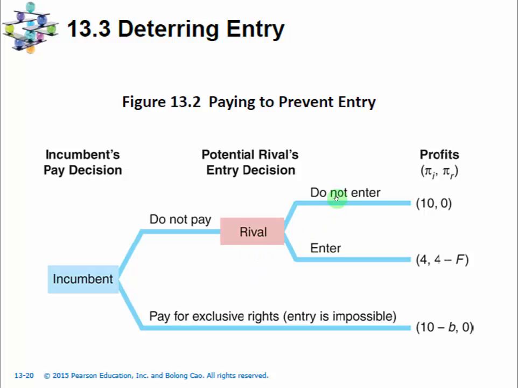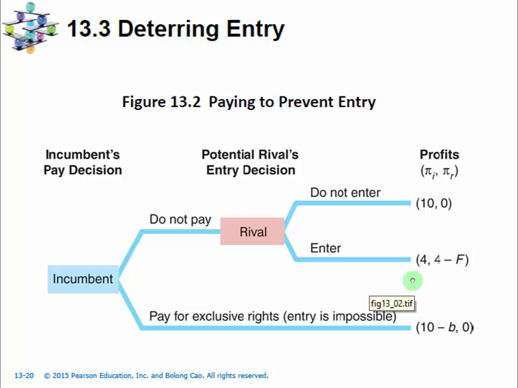So the entrant can decide either to stay out, not entering this shoe selling business in this particular location, or actually open another shoe store in this mall. But to do that, the entrant, this rival firm, has to pay a fixed cost to set up the store, that is capital F in our example.